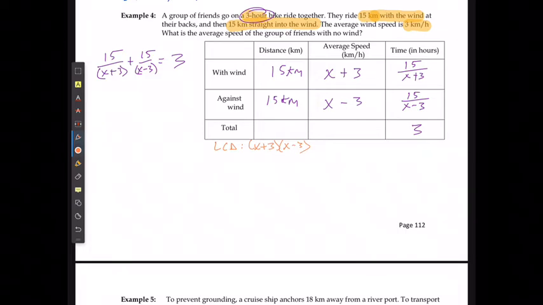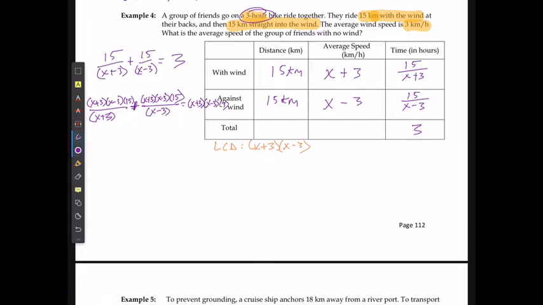So I am going to state that I have x plus 3, x minus 3 times 15 over x plus 3, plus x plus 3, x minus 3 times 15 over x minus 3 is going to equal x plus 3, x minus 3 times 3. Cancel out by dividing out the denominators.